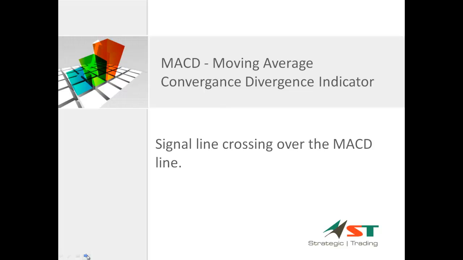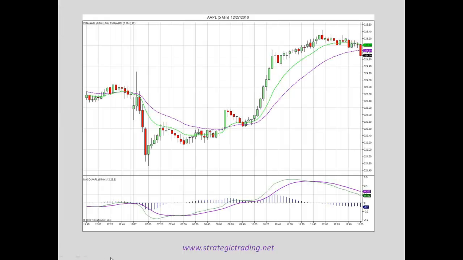In this presentation, we are going to look at the signal line crossing over the MACD line. Let's look at this Apple 5-minute chart with two moving averages and the MACD in the panel below. The two moving averages that we have are exponential moving averages.